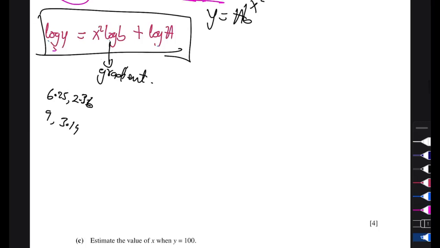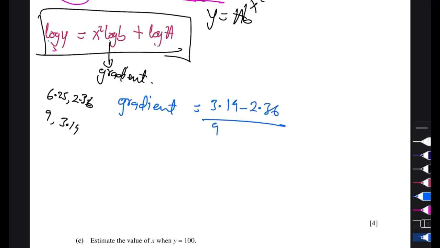So I can see that gradient is equal to 3.19 minus 2.36 over 9 minus 6.25. I can put everything on a calculator. 3.19 minus 2.36, and then 9 minus 6.25.